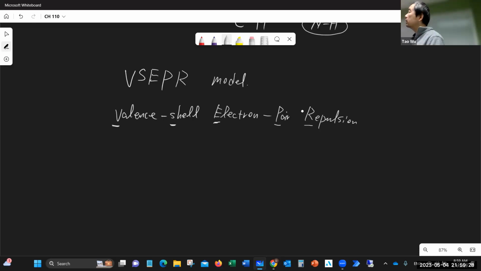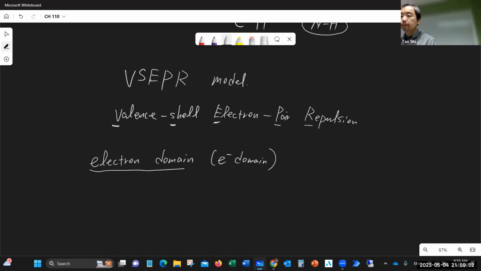So what exactly does the balloon show here? The balloon is what we call the electron domain. Different molecules, the central atoms may have a different electron domain.